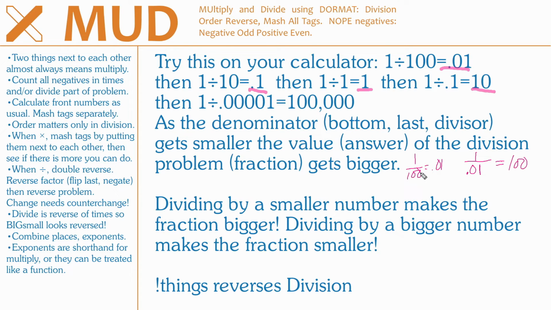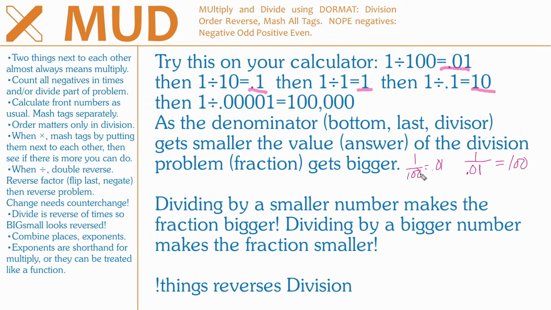So the divisor, I mean, this looks big, 1 over 100, but that's smaller than the same number, 1, in both cases. When 1 is divided by a smaller number, my expectations have to get reversed. I'm going to get a bigger answer, not a smaller answer.